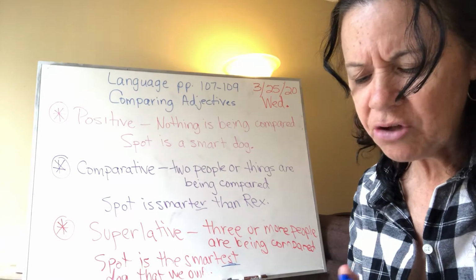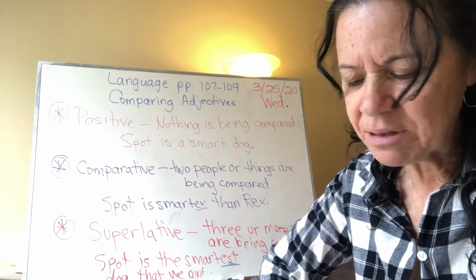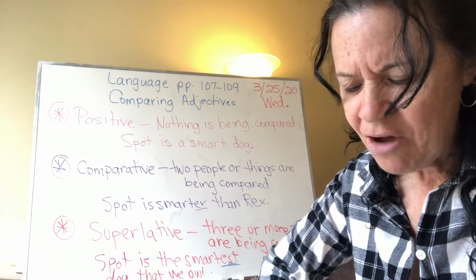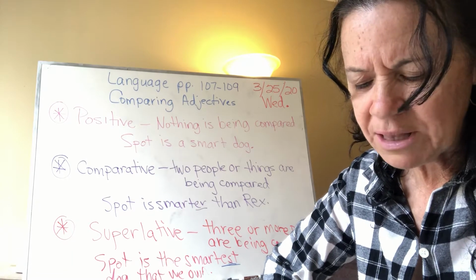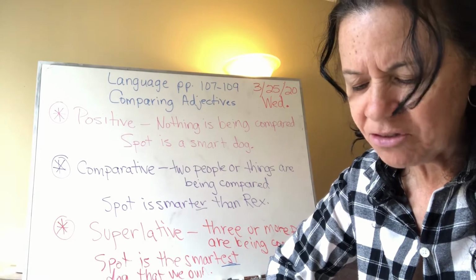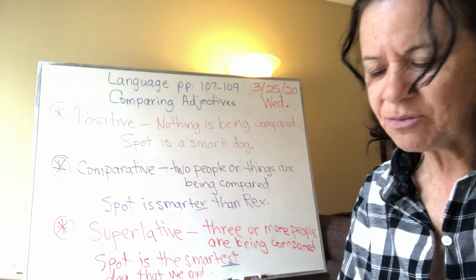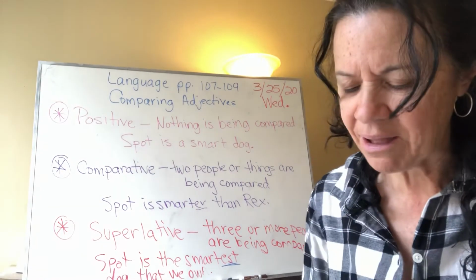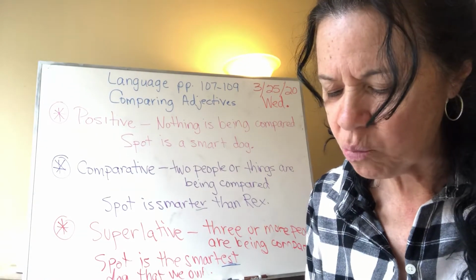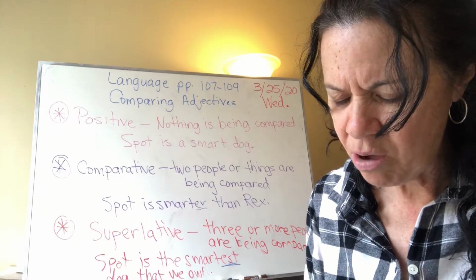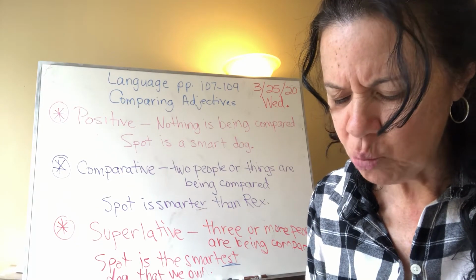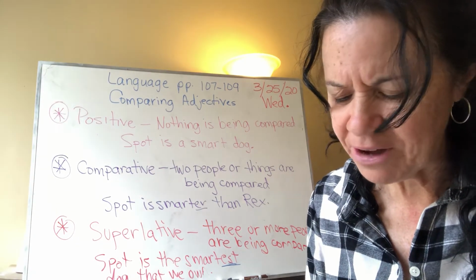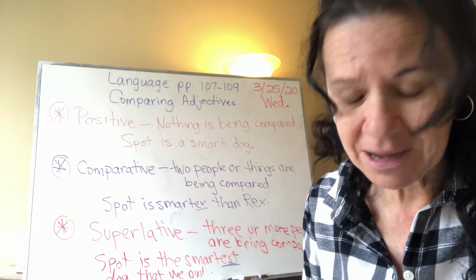Now look closely. It says like one-syllable adjectives, some two-syllable adjectives form the comparative and superlative degrees by adding ER or EST to the positive. Check a dictionary to be sure you are forming the comparisons of two-syllable words correctly, okay? So you wouldn't use more or most in front of these. For example, friendly, okay?